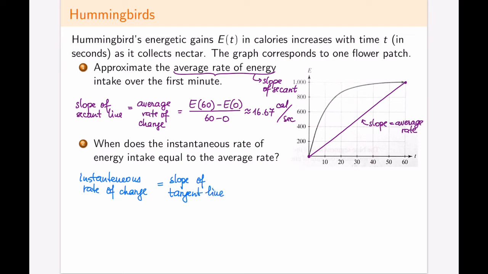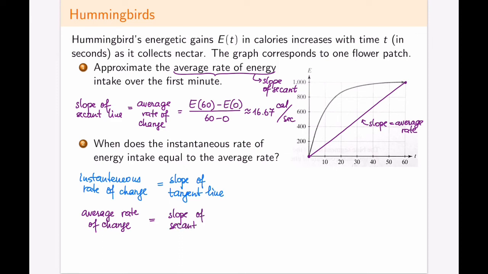Whereas the average rate of change, which is what we want to find this being equal to, is the slope of the secant line. I know I'm writing this over and over again, but if you take anything away from this course, it's literally these two connections between the graphical, the verbal, and the analytic expressions for these two main concepts.